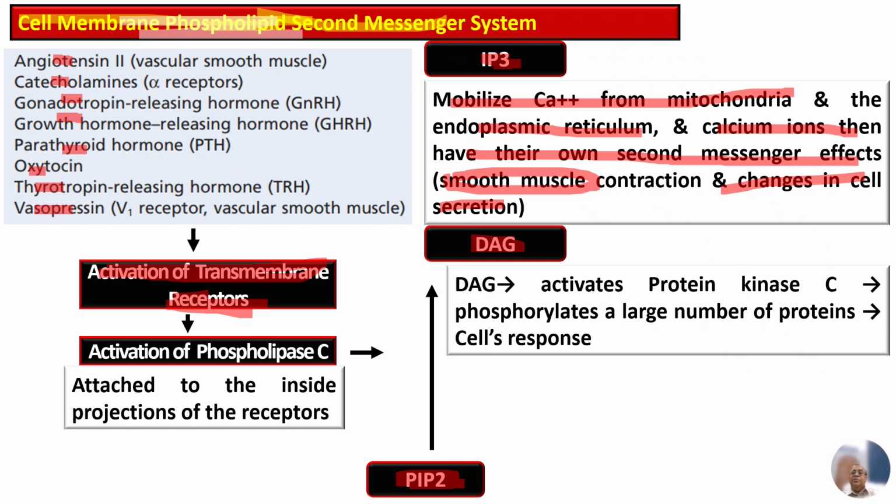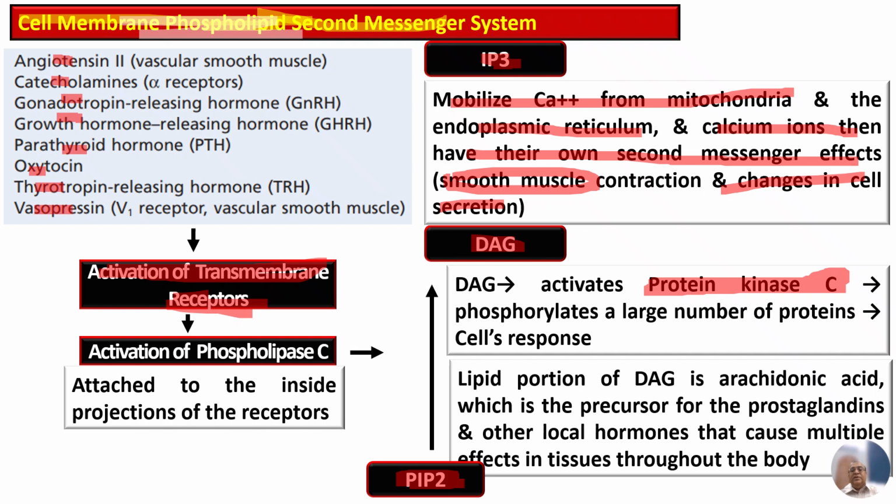diacylglycerol activates protein kinase C, and this protein kinase C is responsible for phosphorylation of a large number of proteins that exert the response of the cell. The lipid portion of diacylglycerol is arachidonic acid in nature, and this is the precursor of prostaglandin and various other local products or local hormones that cause multiple effects in the tissue.